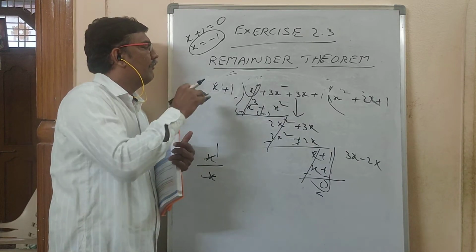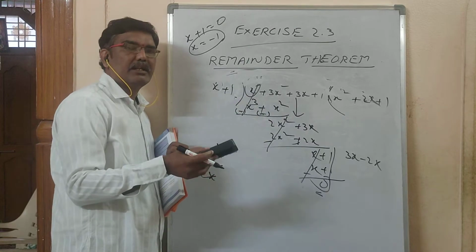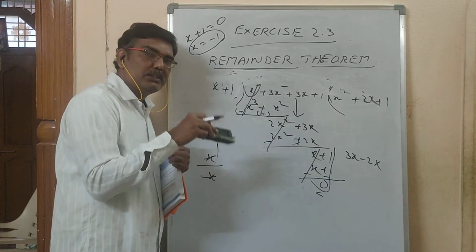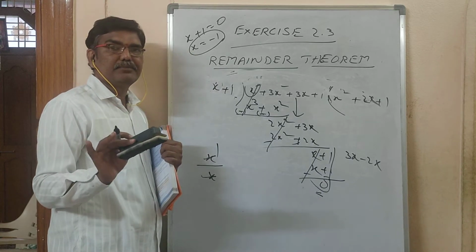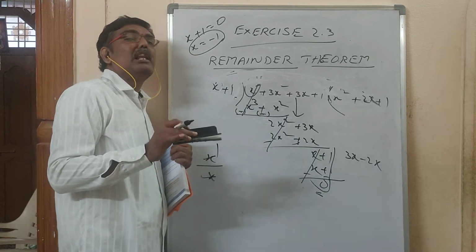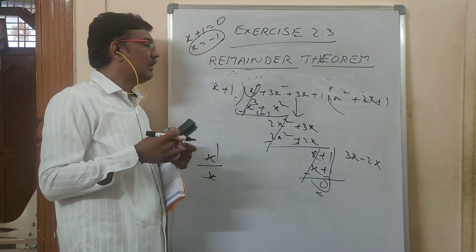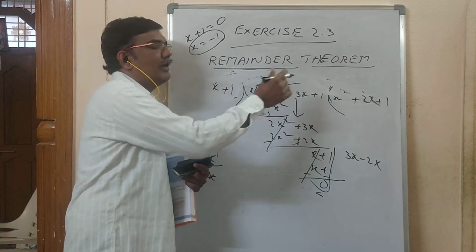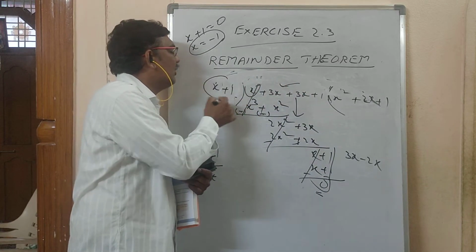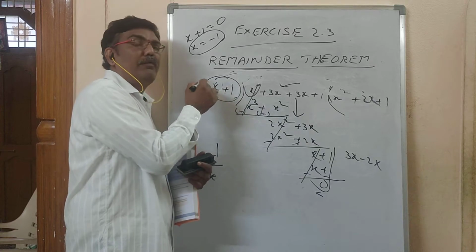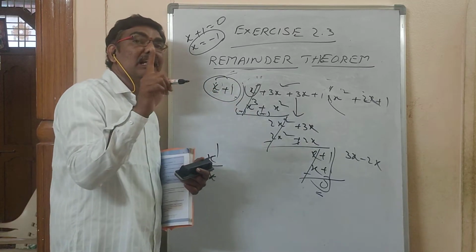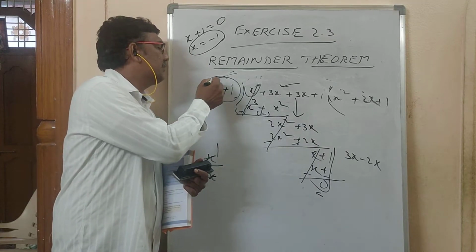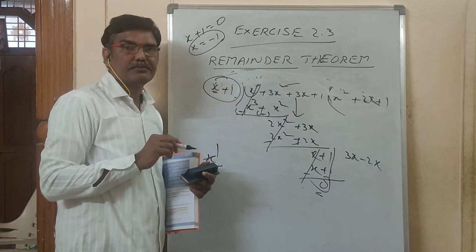So without doing division, we can find the remainder by using what? The remainder theorem. For this, limitations are there. Whatever the polynomial, here you should have only a linear polynomial. Linear polynomial means x power only 1 should be there.